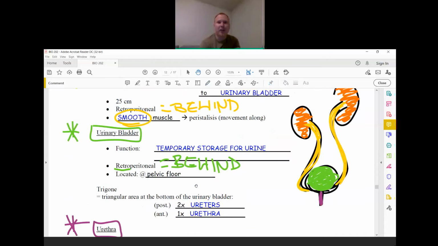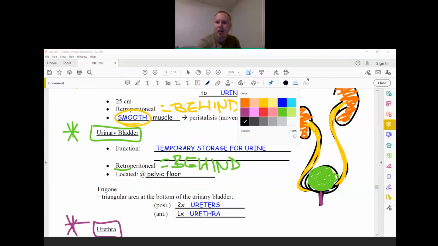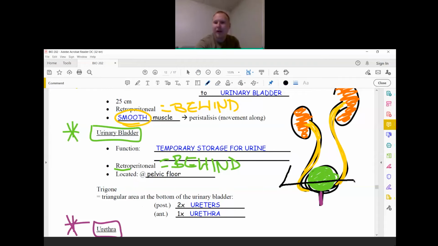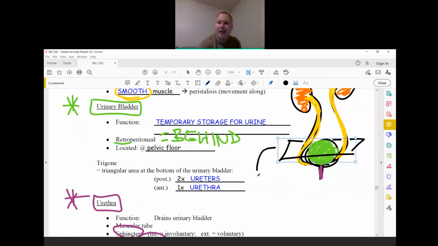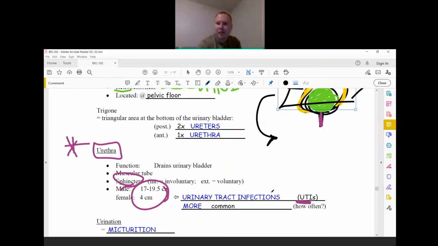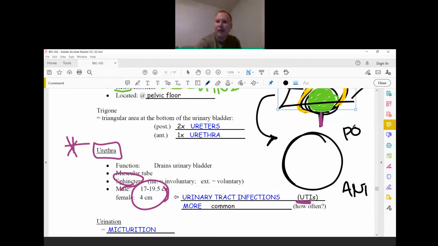Now I promised to come back to the trigone, and to talk about it, we're going to take another section through the urinary bladder that we see on this diagram. So this is going to be the urinary bladder. This is going to be the anterior side at the bottom of the picture, posterior at the top, and we'll end up seeing 3 different openings within the urinary bladder floor.